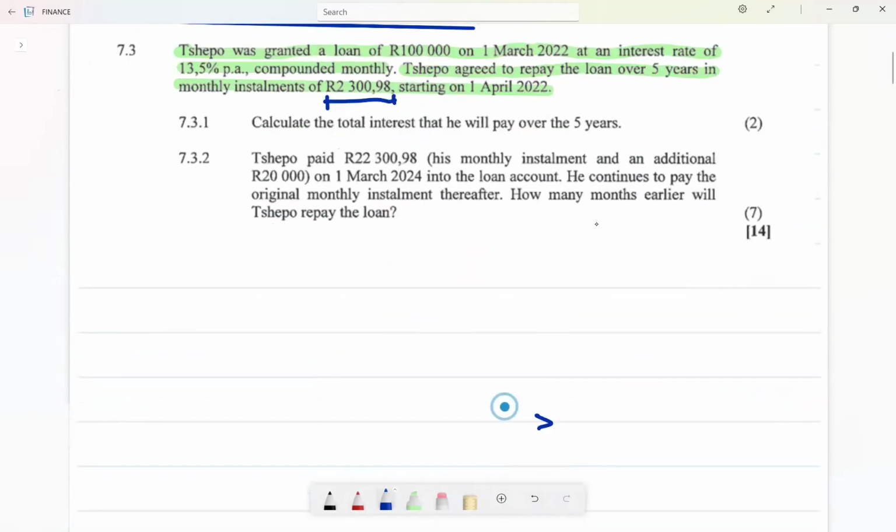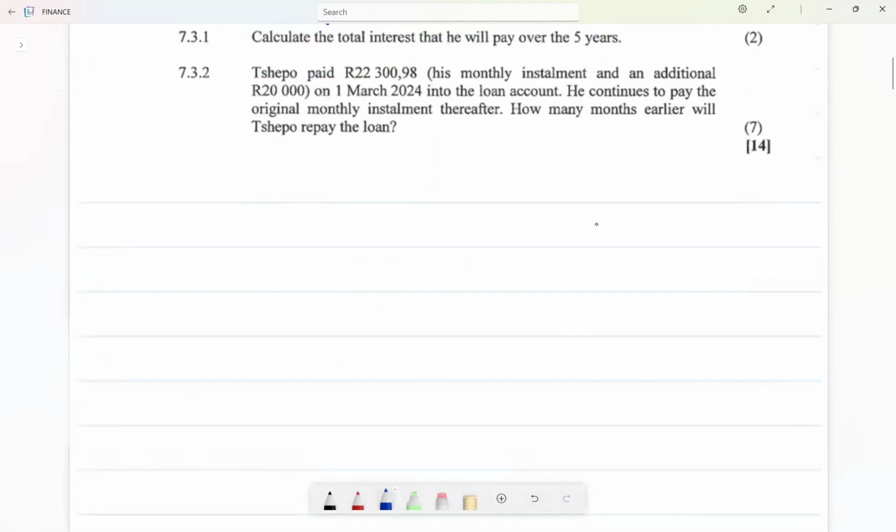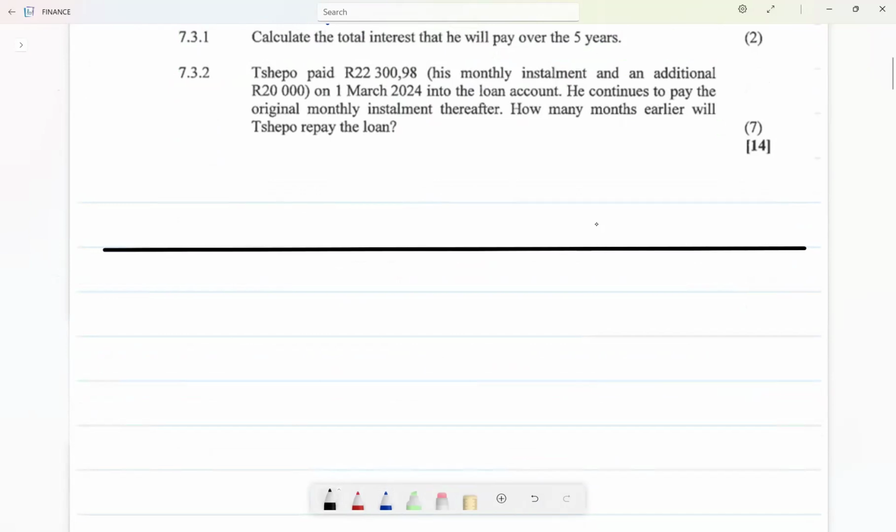Okay, let me try to make this in a number line so that it makes sense. This is Tshepo on the 1st of March 2022 when he took the loan. He started making the payment on the 1st of April 2022, which is normal.